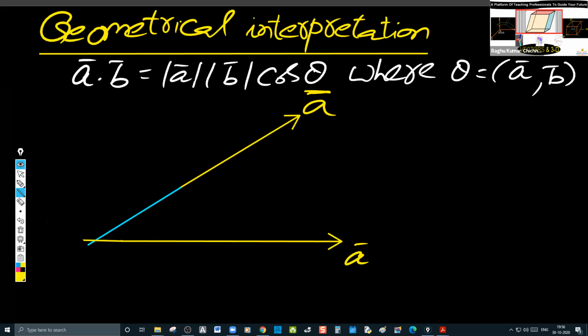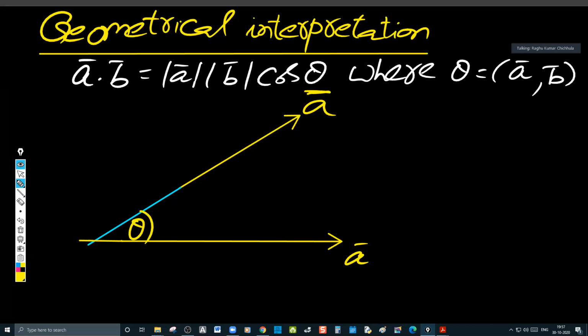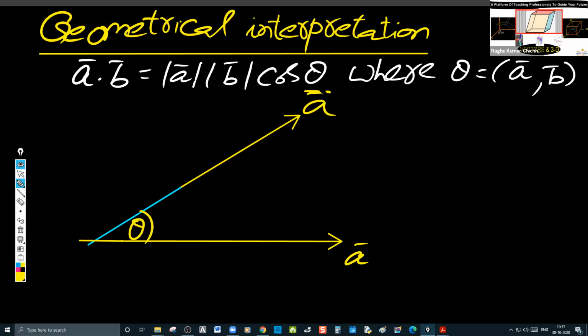I want to represent the angle between them. This is the intersection of these two vectors when the above one is extended backwards. The below one I have taken to be unlimited. The angle here is taken to be theta.